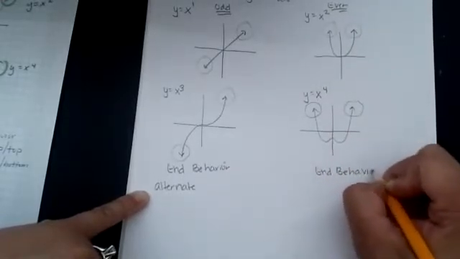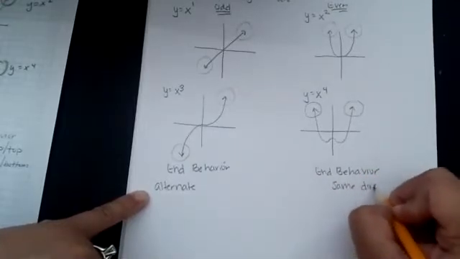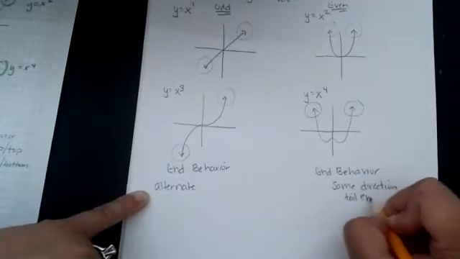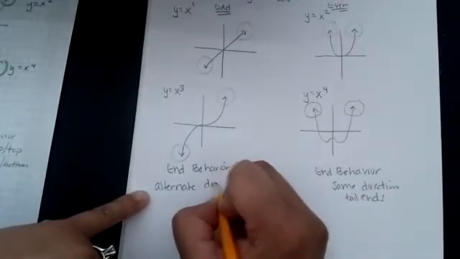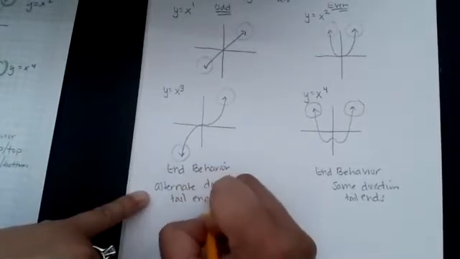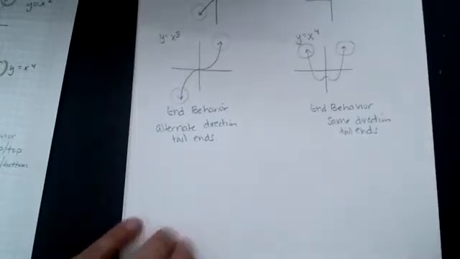The end behaviors are the same direction when you're looking at the tail ends. They alternate directions at the tail ends. So I'm just going to show you a couple of examples.